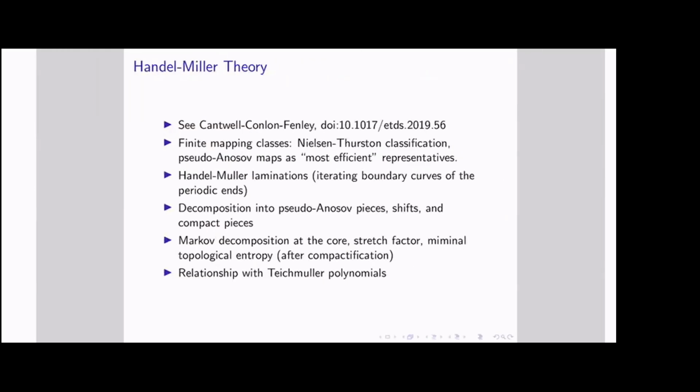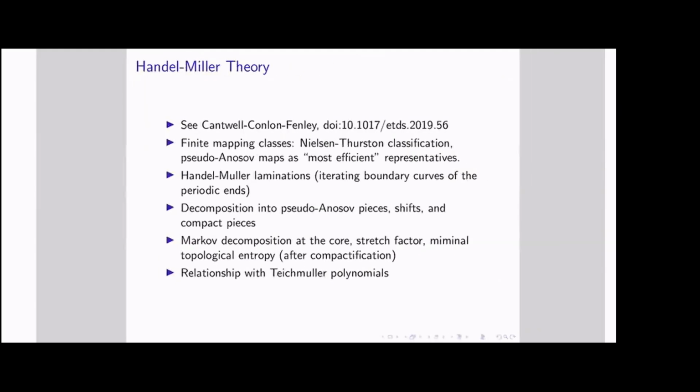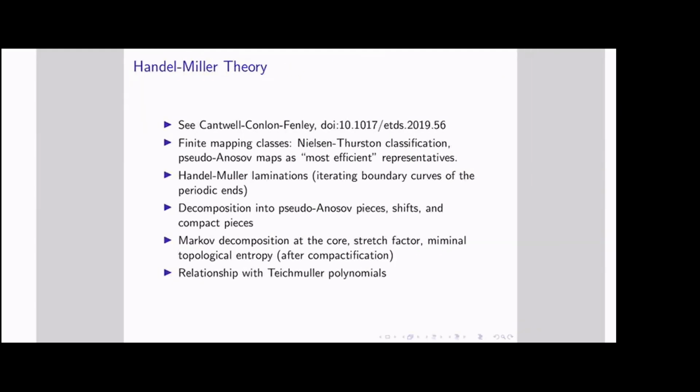Okay, so earlier I mentioned that the end-periodic mapping classes have a theory that's kind of analogous to the classical mapping classes over finite surfaces. And in the classical case, in other words, mapping classes over finite surfaces, there's what's called the Nielsen-Thurston classification.